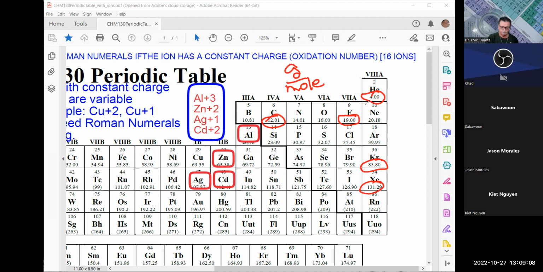Eggs are a good analogy that I use quite a bit. I'm going to run through some examples with respect to eggs. You might think, I thought we were talking chemistry here.